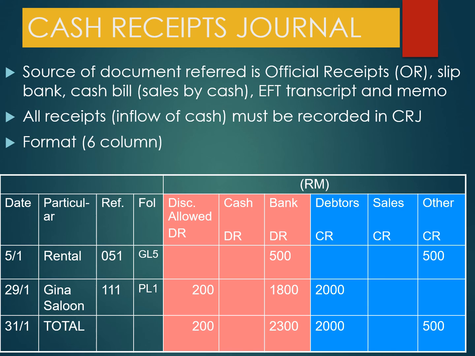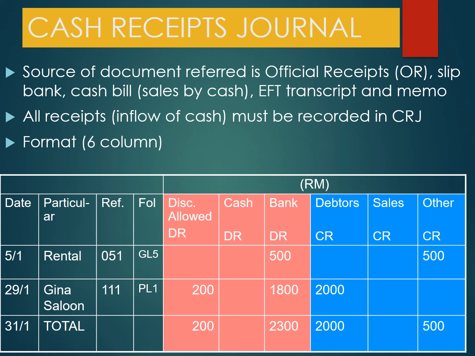Okay, in the column we have cash. In the cash disbursement journal we have discount received, but in the cash receipts journal we have discount allowed column, because whenever we allow customer to pay less, we need to record the discount that we allow the customer, and the cash column and also the bank column.